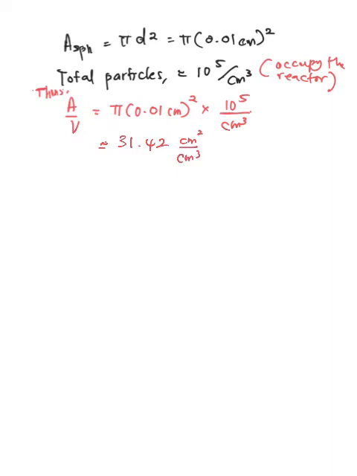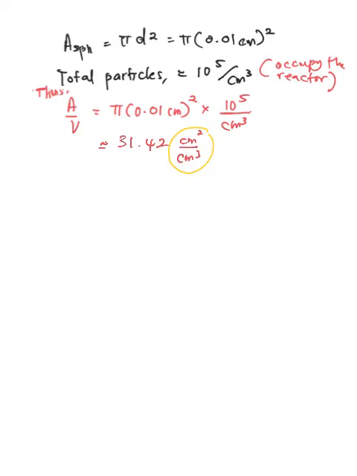If you look at the unit here, the unit of area is centimeter square and the unit of volume is centimeter cube. So this is the A over V value, because the unit here refers to the unit of A over V. Next, we need to look at the pseudo homogeneous rate.